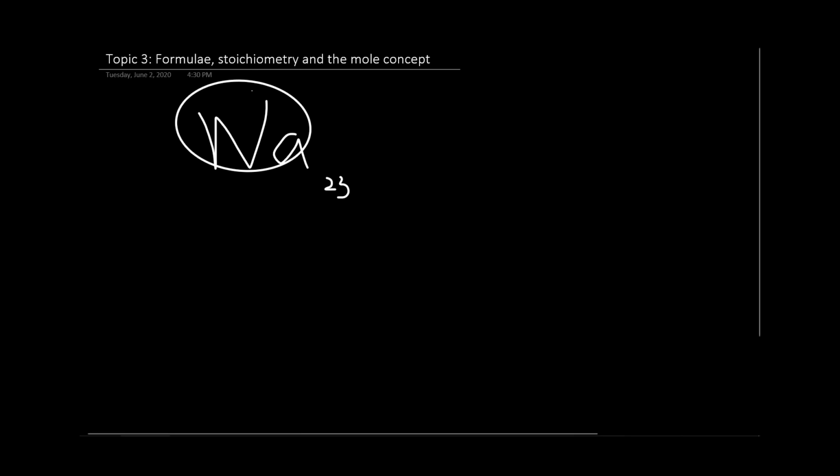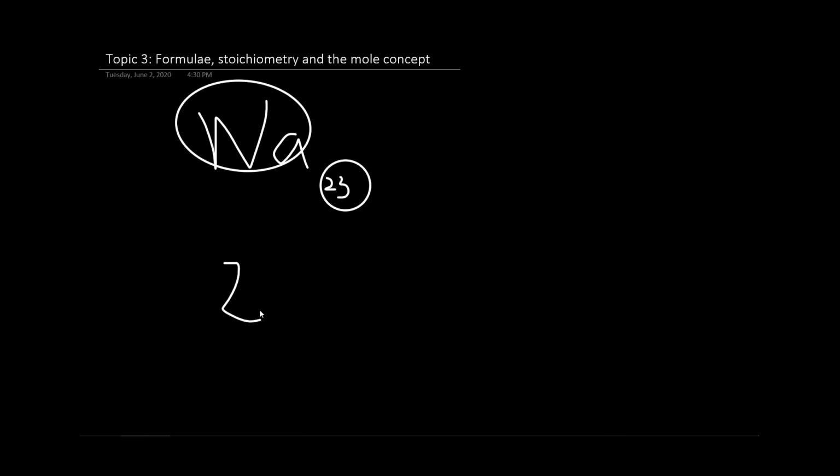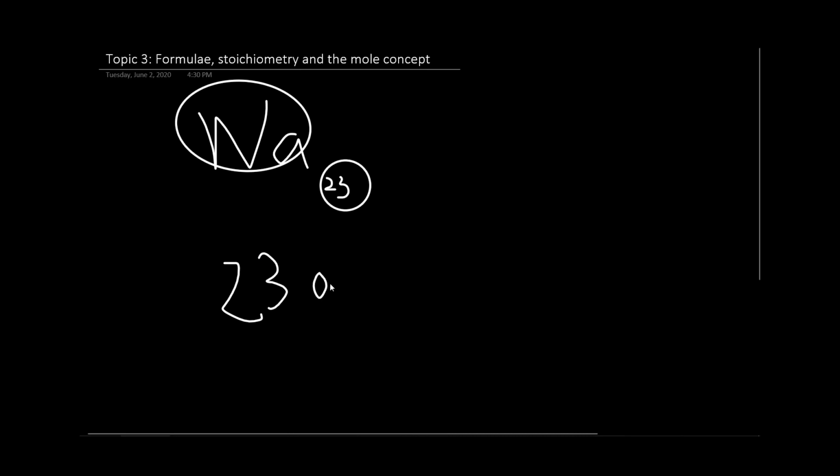What I mean to say is, a mole is the amount of a particular element which will have a mass equivalent to its relative atomic mass. So 1 mole of sodium is the amount of sodium that, when weighed, will have a mass of exactly 23 grams.